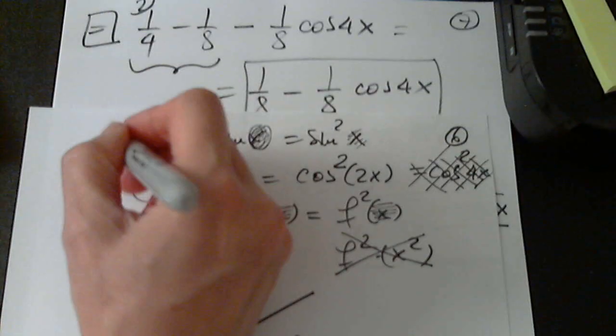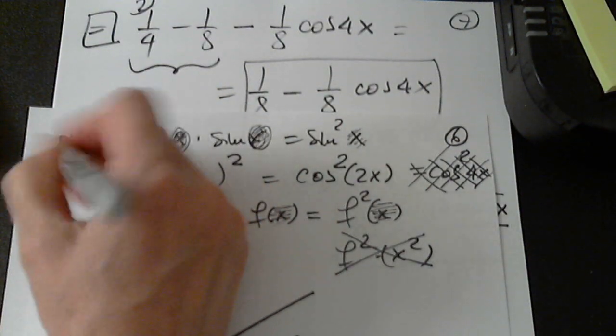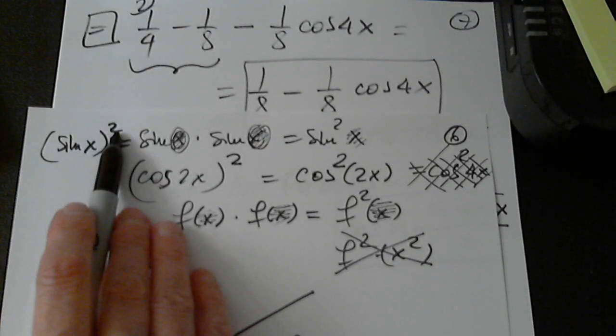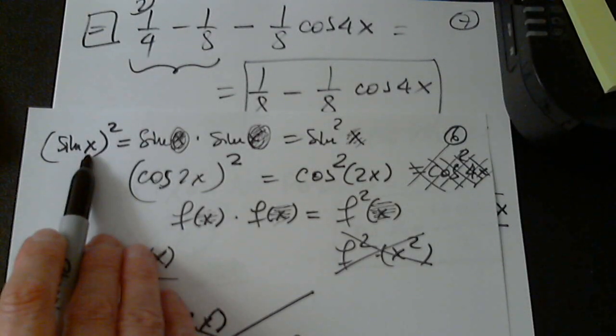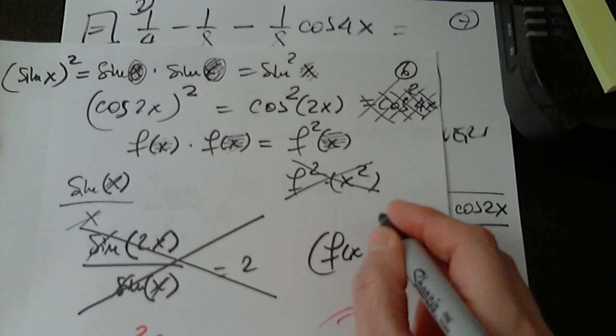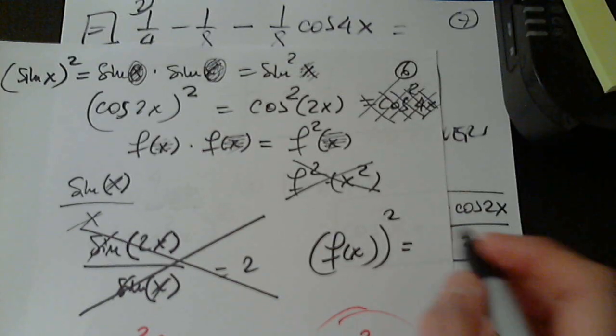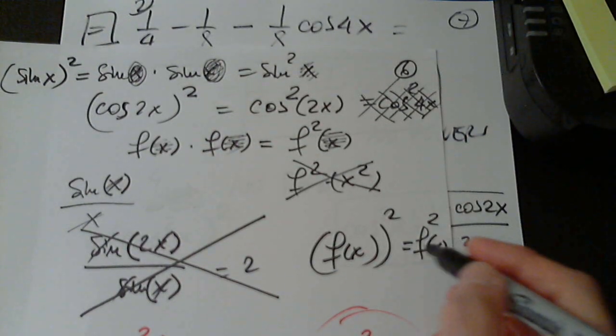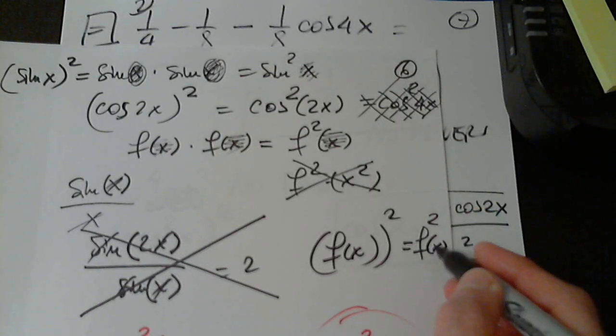This is basically sine x squared. I am squaring the function, not the argument. So when I have f of x everything squared, I have f squared of x. I don't have f squared of x squared.